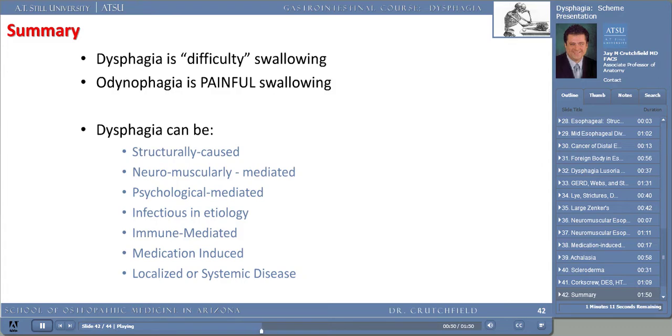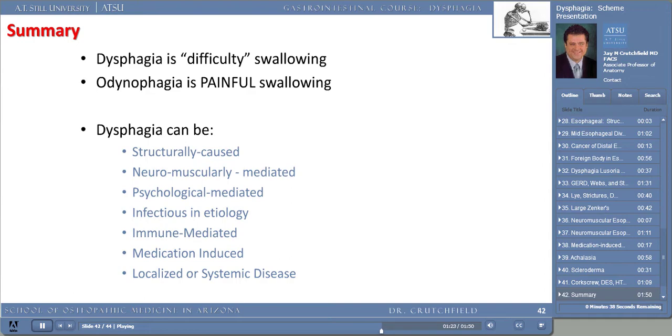It can be infectious in cause, not only like syphilis, but by HPV or other systemic disorders. It can also be psychologically mediated. Patients who have anxiety or suffer from globus hystericus often say that they have difficulty swallowing. These categories overlap. Keep these in mind. Also, it's important to understand that when you perform your history and physical exam, children, for example, who have epiglottitis cannot have a safe examination of their oral airway without having an anesthesiologist ready to intubate the patient.